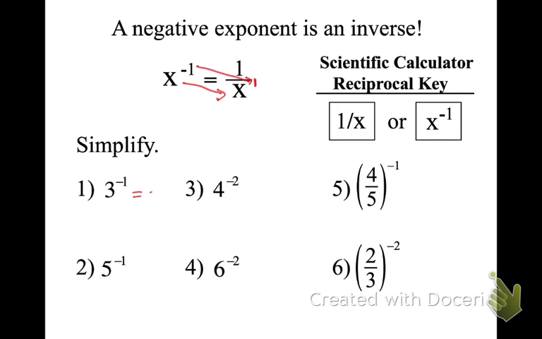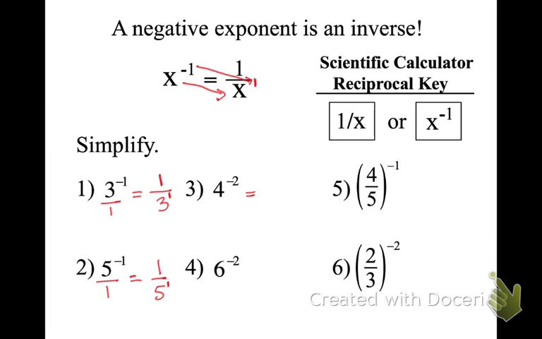So here, I'm going to create the fraction. The base drops down, and this is to the first power. It becomes a positive exponent and 1 up here. We're reciprocating it, right? So it really becomes 1 over 3. So number 2, if this is what it is naturally, it's going to be 1 over 5 to the first power.